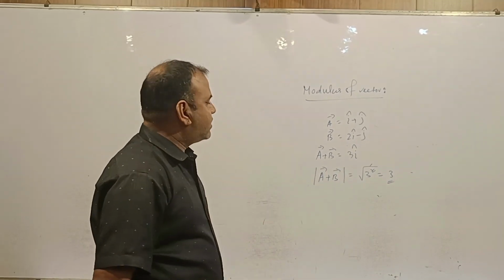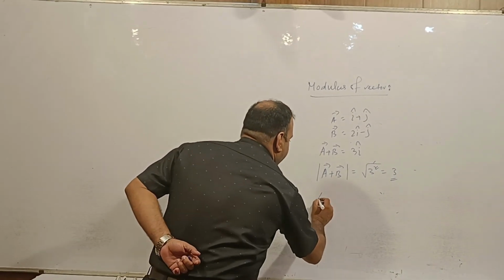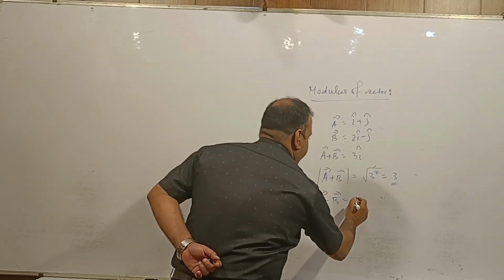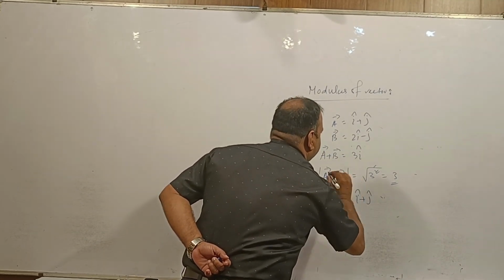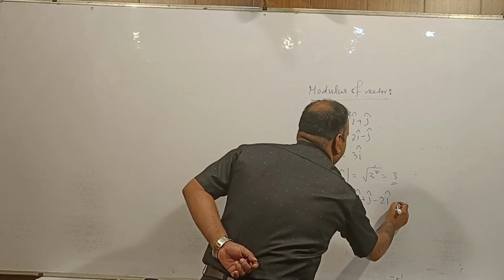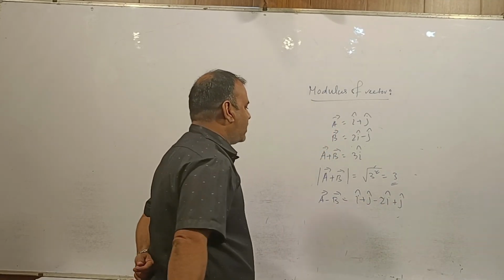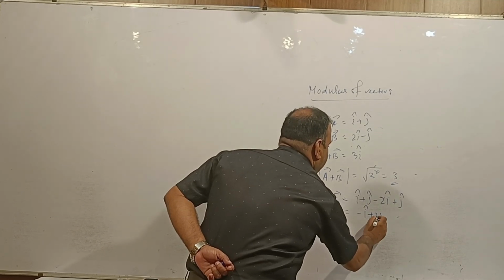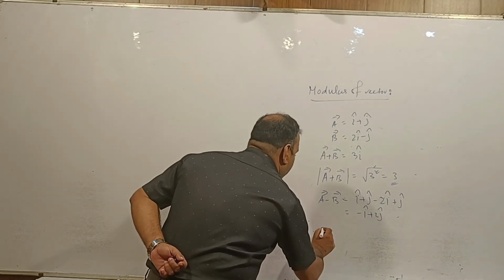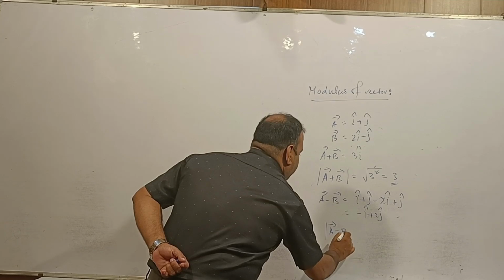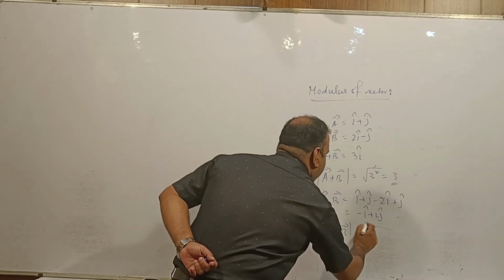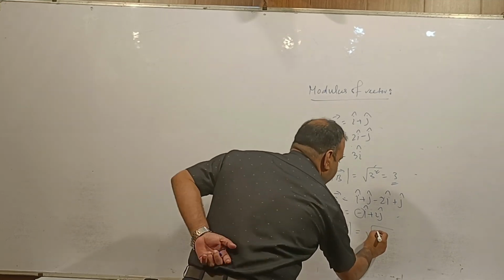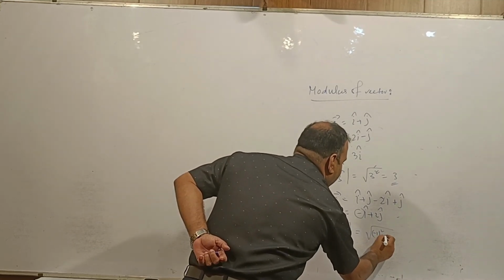But in case of subtraction, suppose A minus B. So I cap plus j cap minus 2 I cap plus j cap. In this case we can write here minus I cap plus 2j cap. Therefore modulus of A vector minus B vector, we can write under root, here the coefficient of I cap is -1, so it will be -1 whole square plus 2 square.